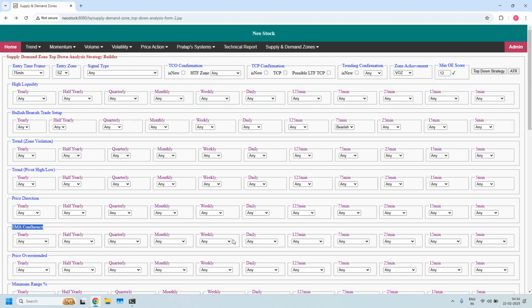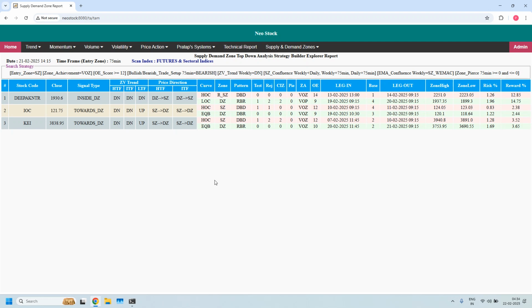In the EMA confluence at weekly time frame, I am checking weekly supply zone having weekly EMA confluence or not, and also trend on weekly time frame should not be sideways. It should be downtrend because it is a bearish trade setup. So with these filters, we got all the 3 stocks. So all the 3 stocks are having even more high probability to get the success, the supply zones.